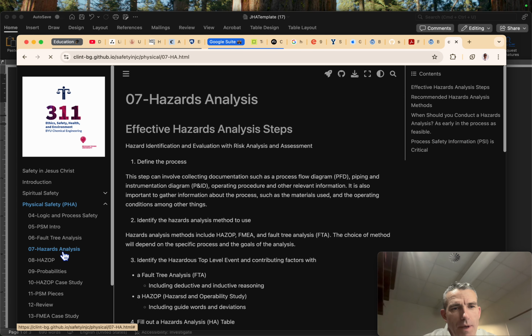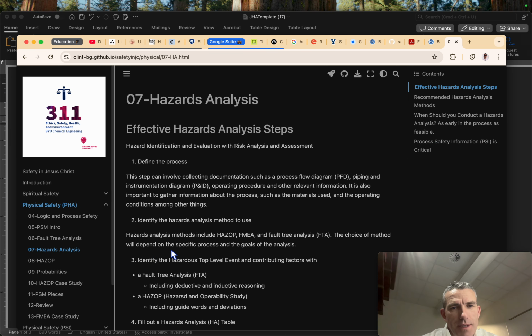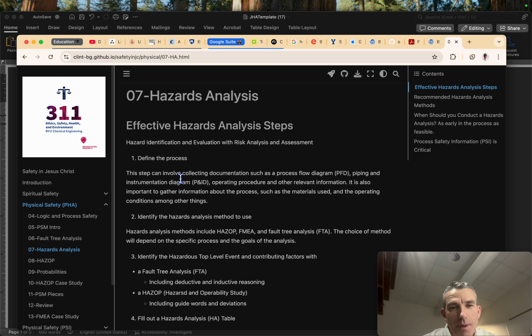Today we're going to talk more about the full hazards analysis that's required by OSHA in many instances in processing chemicals. An effective way to complete a hazards analysis is defining the process, and that can include collecting all the operating procedures and applicable flow diagrams or piping and instrumentation drawings.